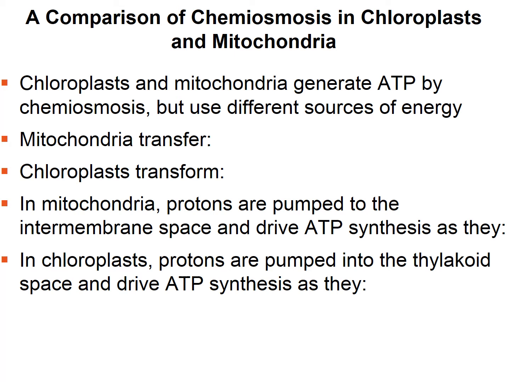In mitochondria, protons are pumped to the inner membrane space and drive ATP synthesis as they diffuse back into the mitochondrial matrix. In chloroplasts, protons are pumped into the thylakoid space and drive ATP synthesis as they diffuse back into the stroma.